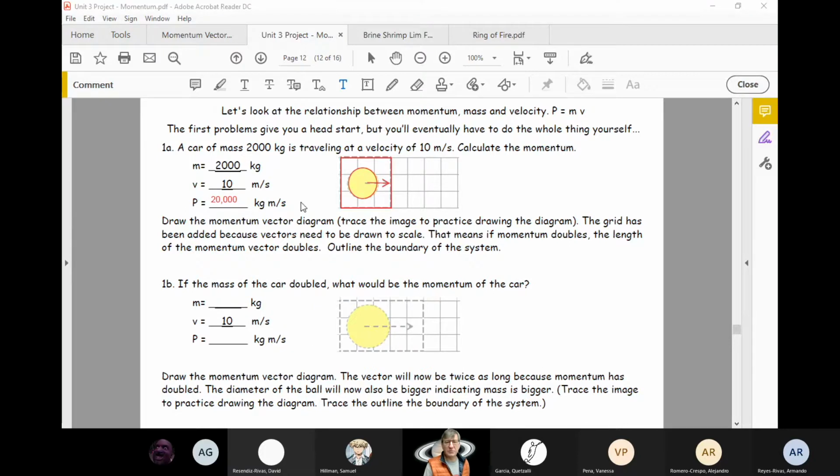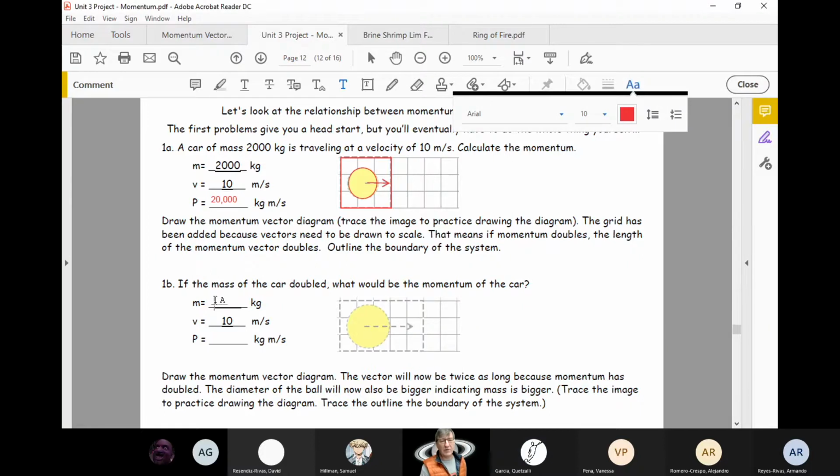Of course, I picked the one person that's not there anymore. That always happens. Okay, Quetzali. What is the mass of the car now? 4,000. Yeah, perfect. It's going to be 4,000 because it doubled. We go back to what we started with. We double that. We get 4,000, right?